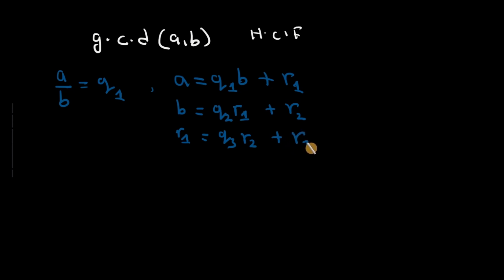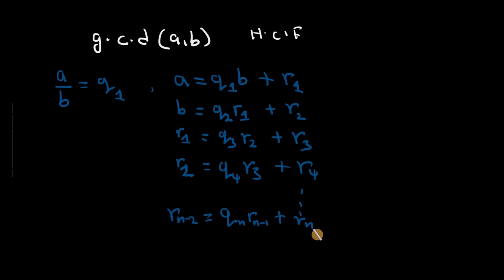Let's say r3. In the next step, we bring r2 here and we bring r3 down here, which is now the new divisor. We divide r2 by r3, we have the new quotient, let's say q4 plus the new remainder r4. This division can continue until we have, let's say, a remainder rn, with rn minus 1 and qn, and rn minus 2.